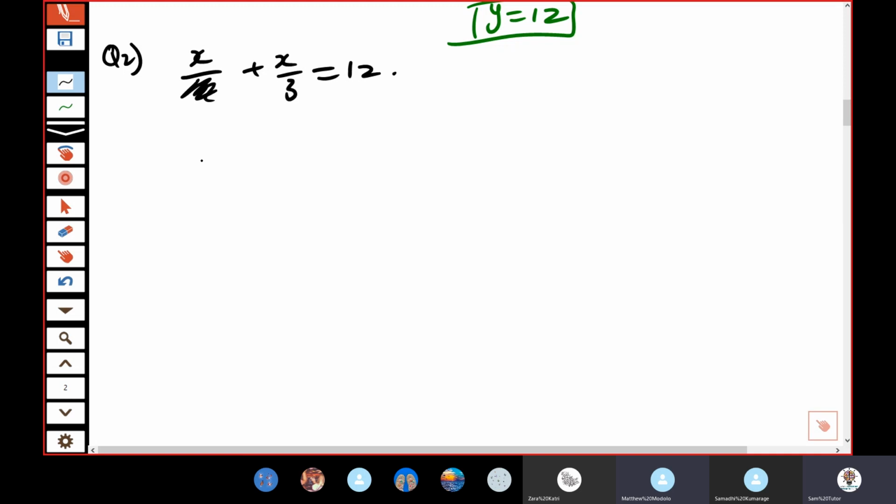3 times x plus 2 times x equals 12 plus 3 plus 2 times. As you start to learn it, you'll hear some people say cross multiply.